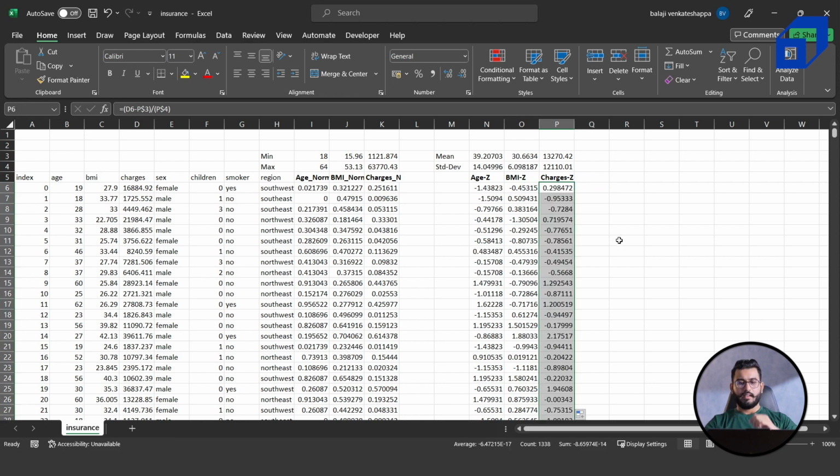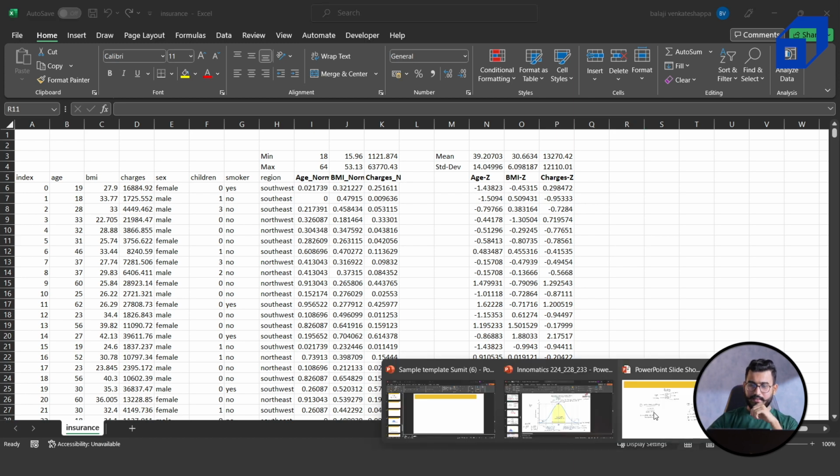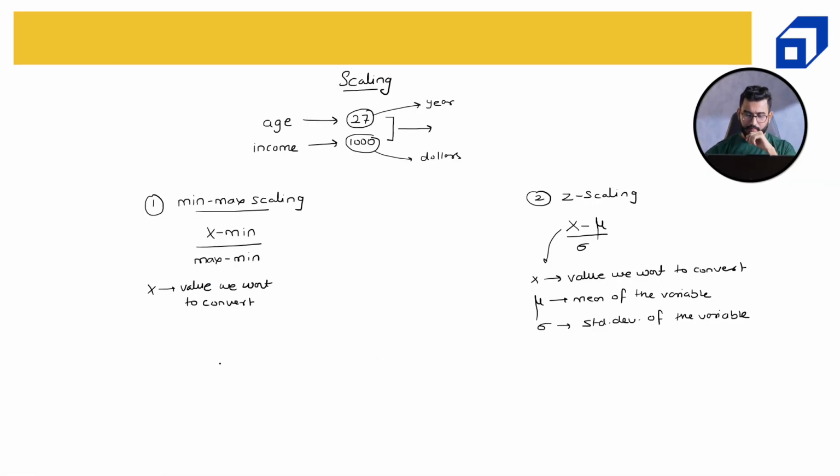Okay. Now in the Z scaling, my middle point is 0. Then I'm having -1, -2 over here, +1, +2, and +3 over here, and -3 over here.